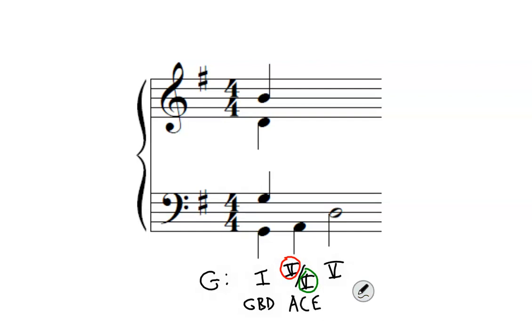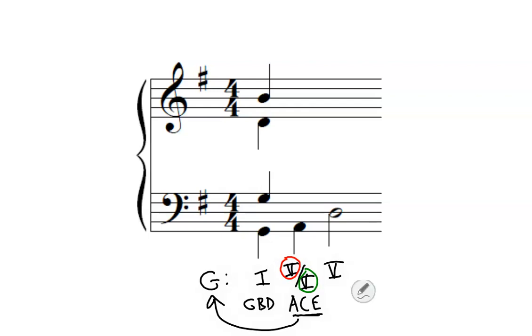But I know if I'm in secondary function here that it's not going to be diatonic. This should not be diatonic to the key of G major. Okay, so I'm going to need an accidental. How do I figure out what accidental I need?